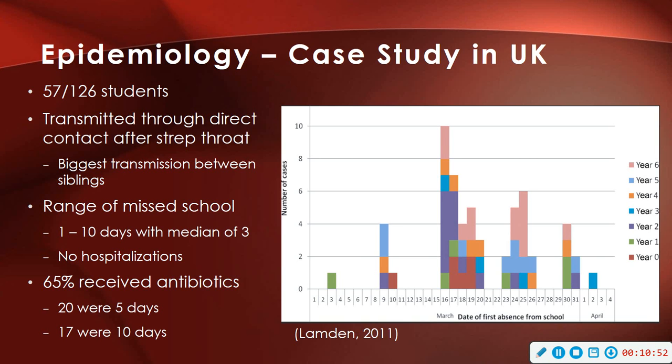And if you look at the graph that I have here, it shows the month of March, and right there in the middle of March, we had a couple of cases. We had 4 cases spread out through year 5, year 4, a couple in year 2. But then right here in the middle of the month, cases started to skyrocket, and you can see that they were pretty spread out between the grades.